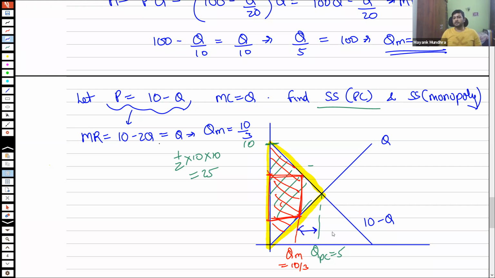I know that this distance is 5 minus 10 by 3. Right? So 5 minus 10 by 3 is 5 by 3. So this gives me the height of the triangle. All I need now is the base of the triangle. What is this value equal to? This is basically the monopolist price PM.